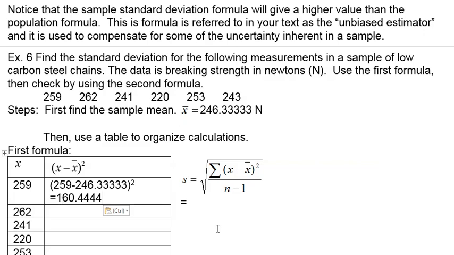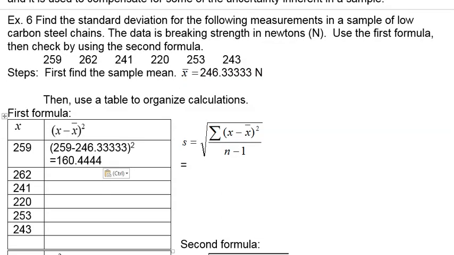We do the same thing with the other 5 data points, right? So we subtract 262 minus that mean value, 246 point, and again, it's better to have that in your memory button rather than retyping it into your calculator.